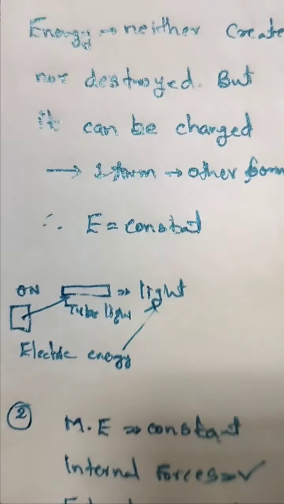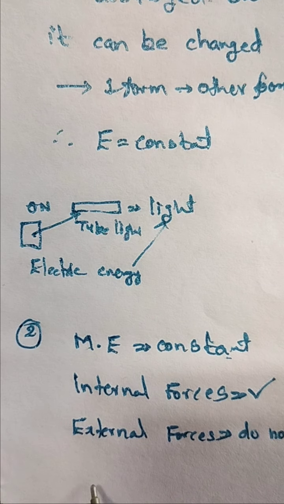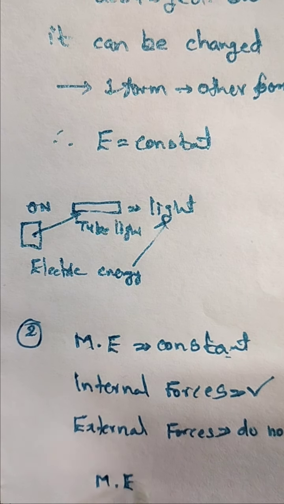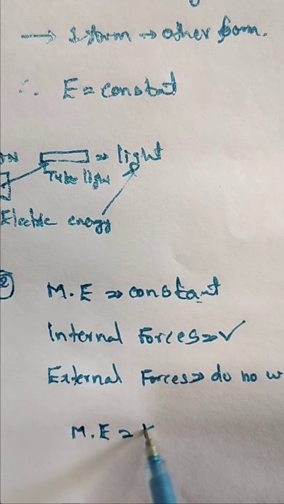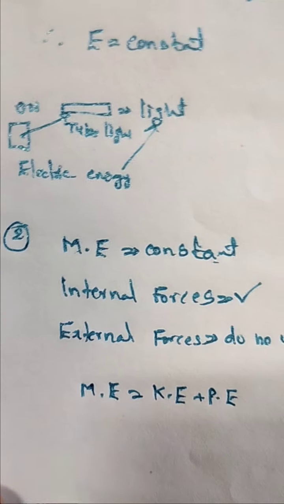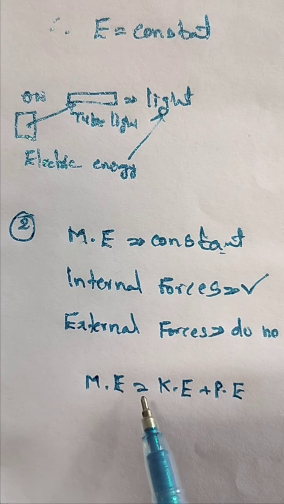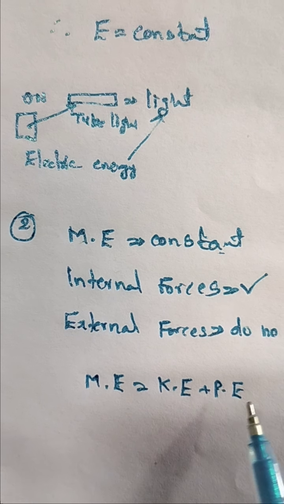In this law of conservation of energy, the two energies will be equal. The mechanical energy, or total energy, is equal to kinetic energy plus potential energy.